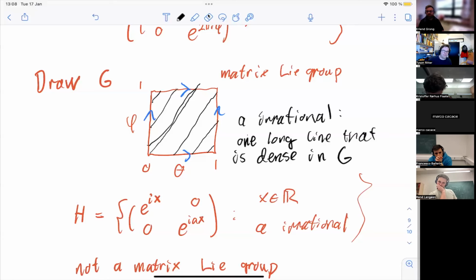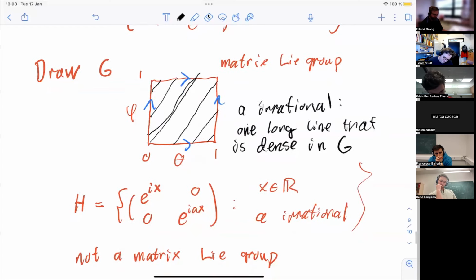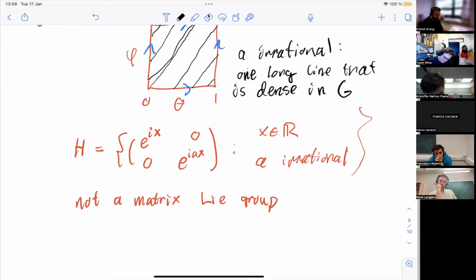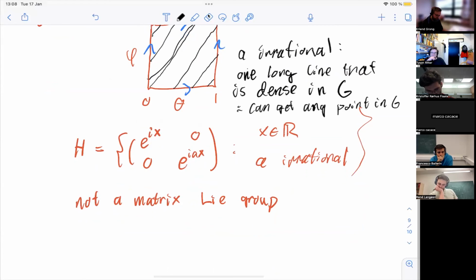It means that this line will eventually be arbitrarily close to any point in G. That is, I can get any point in G as a limit.